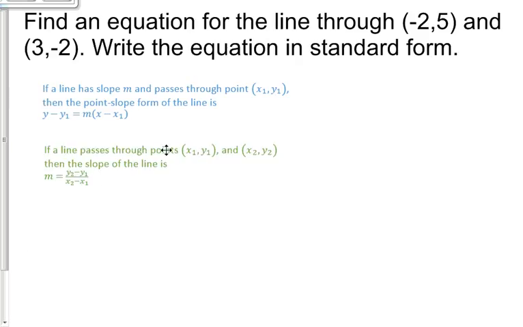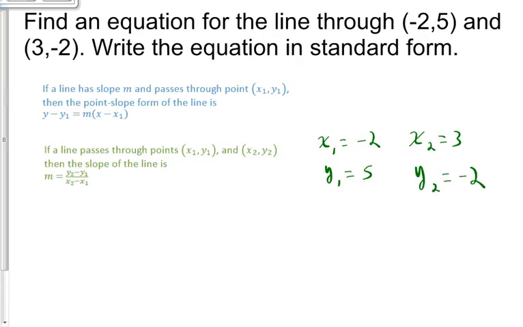If a line passes through x1, y1 and x2, y2, then the slope of the line is m equals y2 minus y1 over x2 minus x1. So basically, this is x1, y1, this is x2, y2, and we're going to find the slope. So x1 is equal to negative 2, y1 is equal to 5, x2 is equal to 3, and y2 is equal to negative 2.